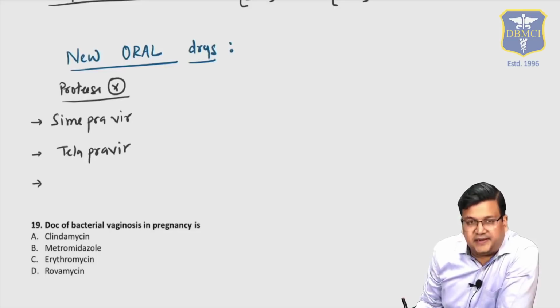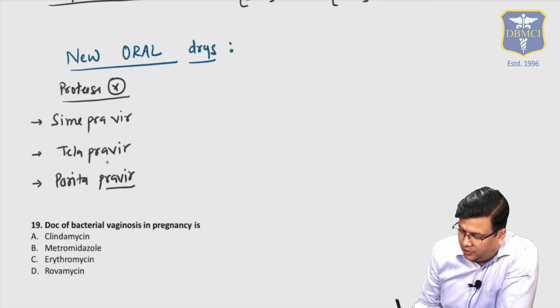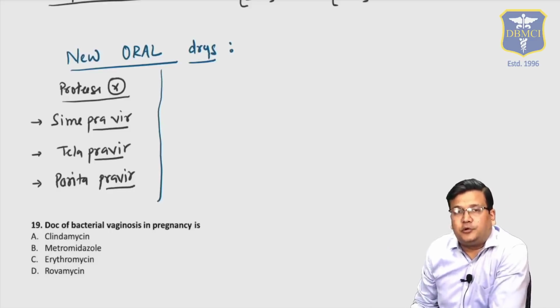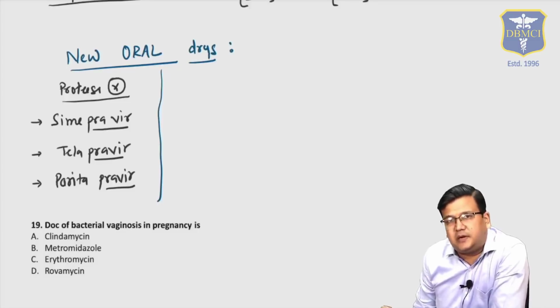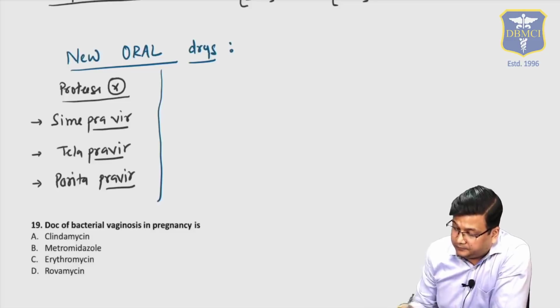There is a new latest drug in this family known as paritaprevir. So all previrs are protease inhibitors. Protease inhibitors of hepatitis C end with previr: simeprevir, boceprevir, telaprevir, and the latest one is paritaprevir.